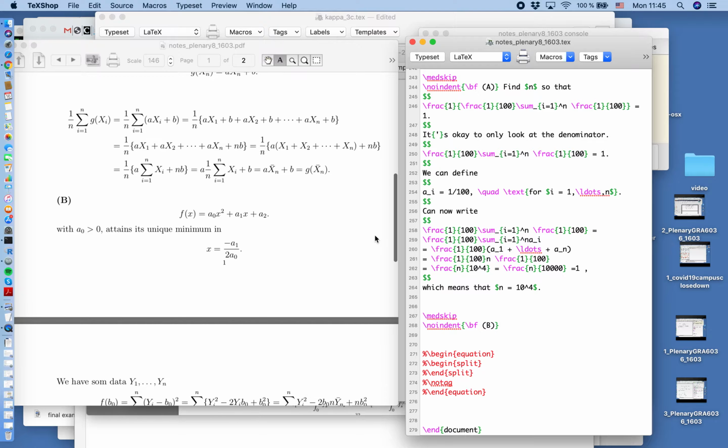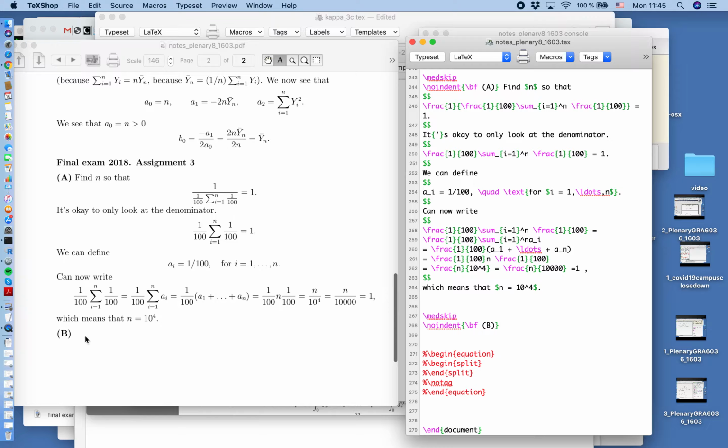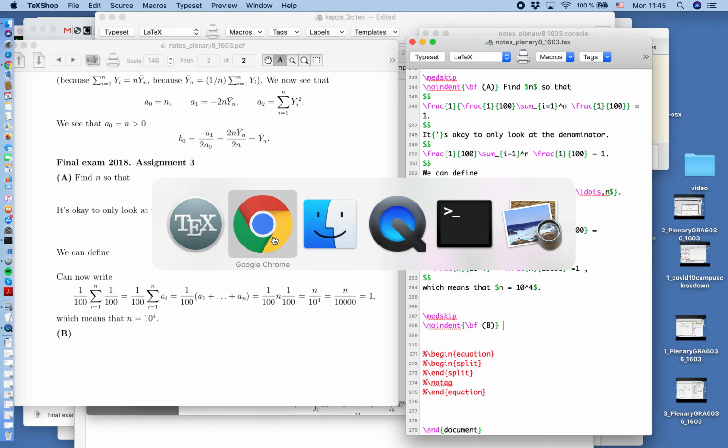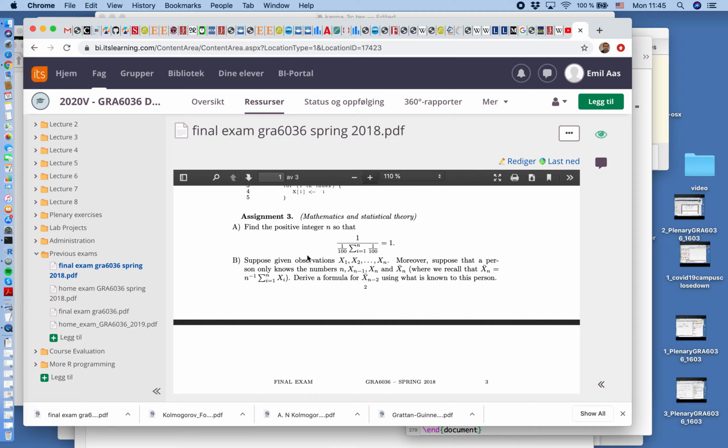We are now to do exercise B from assignment 3 from the final exam 2018. So go to its learning, and this is the exercise. In this exercise, there are some data points in the background, and we are to suppose that we only know these four numbers: the sample size, the second to last observation, the last observation, and the mean of all these observations.